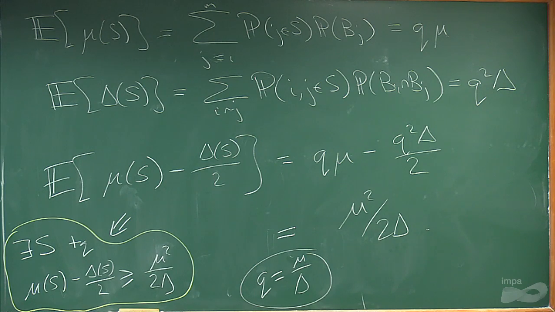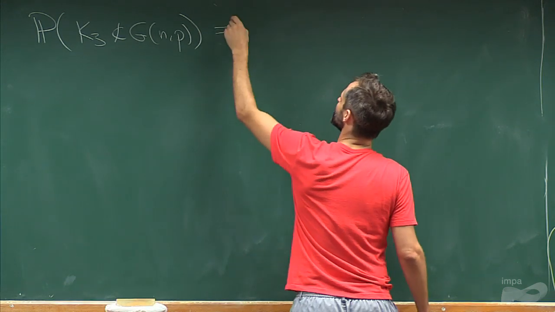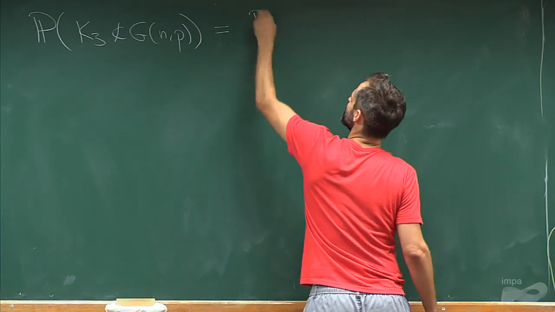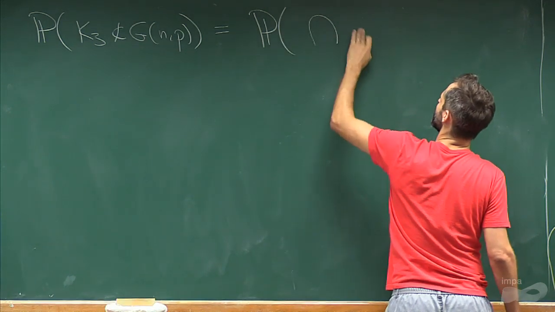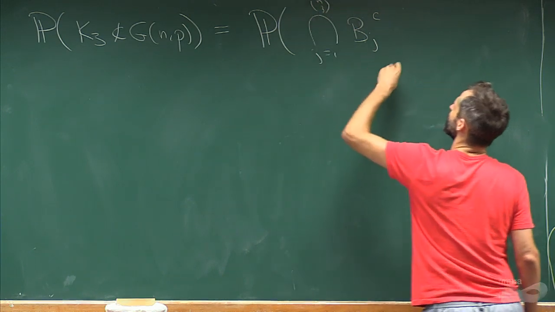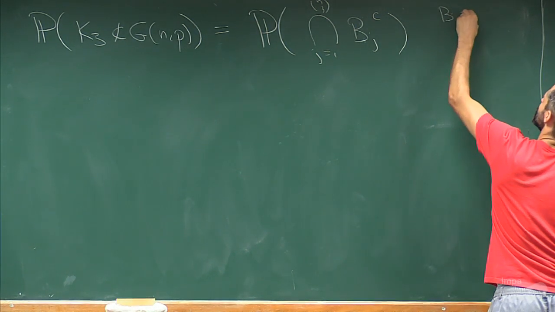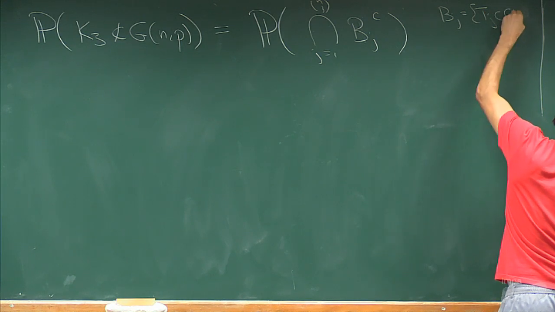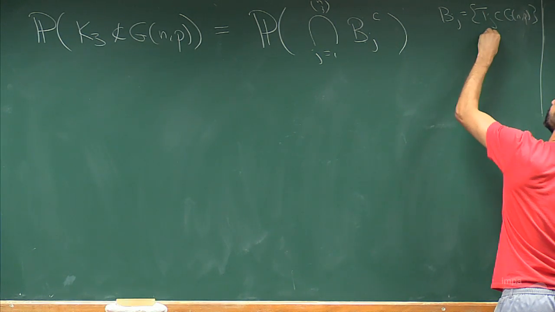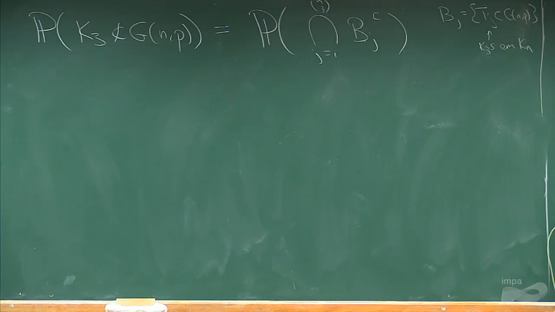Right, so the probability that there's not a triangle in G(n,p), once again, recall it is the probability that none of these events occur, where B_j is the event that T_j is contained in G(n,p), and these are the triangles.